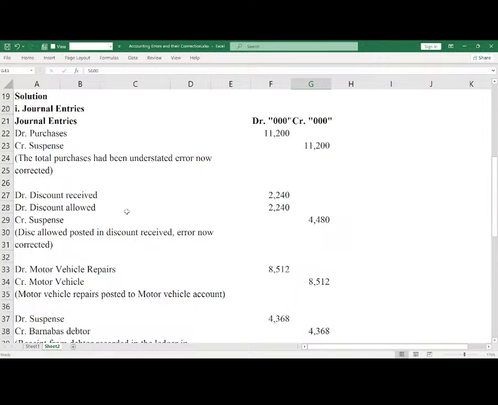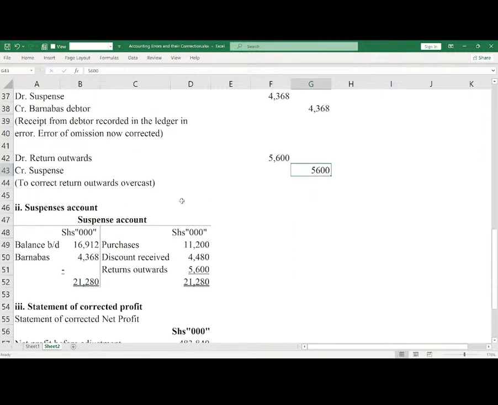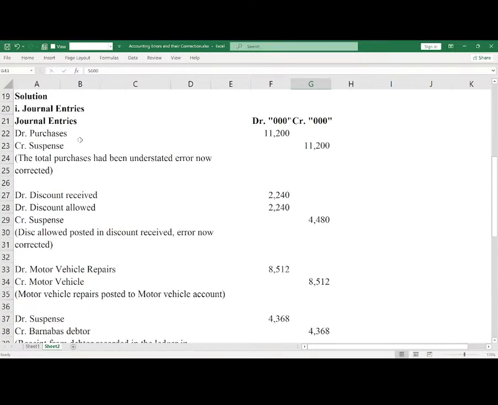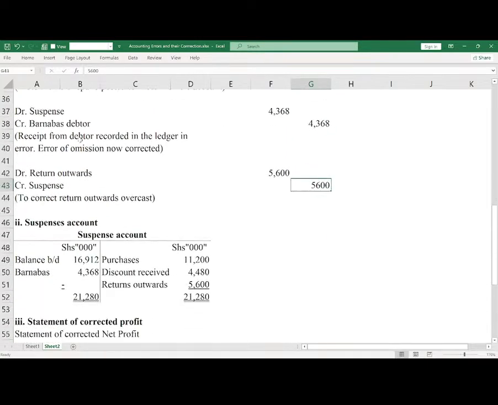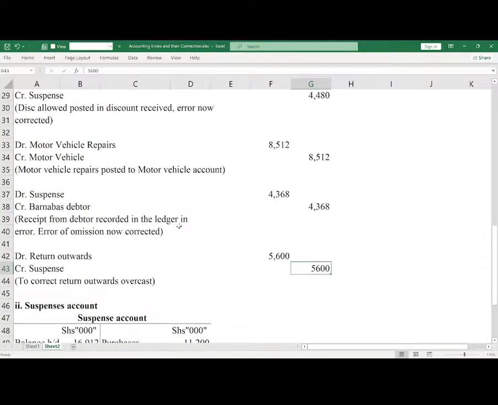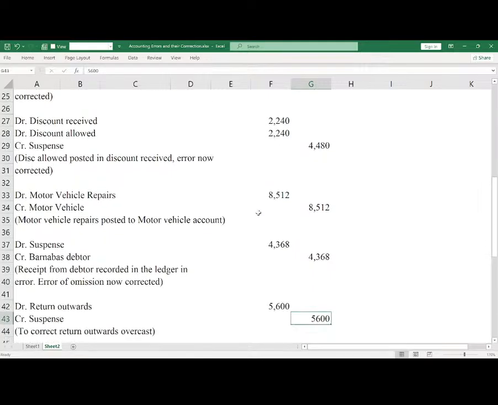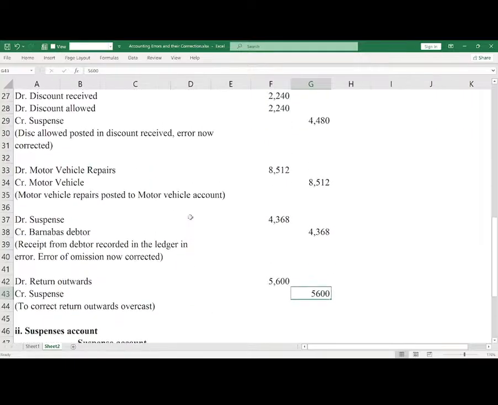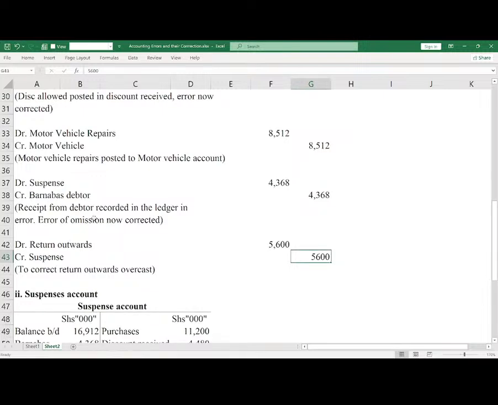Since we had debited purchases, we are going to credit them for 11,200. Then we also have another item that needs to be put in the suspense: the discount received. So we had a total of discount received and allowed. The total is 4,480, in the suspense. So we credit that.